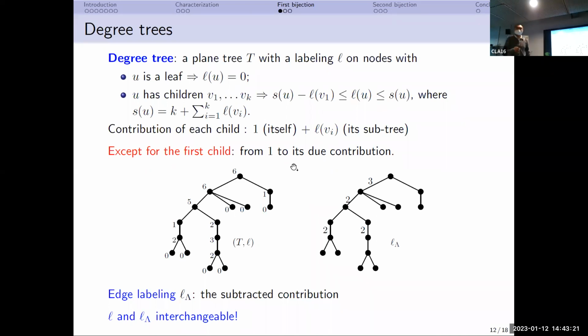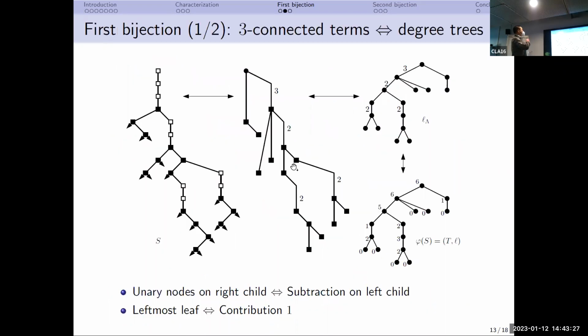Okay. And with this degree tree, the first thing we can do for the bijection is to convert a free connected term into a degree tree. What do we do? We take the skeleton, we add an extra node above all of them as the root, and then we perform 2 things.